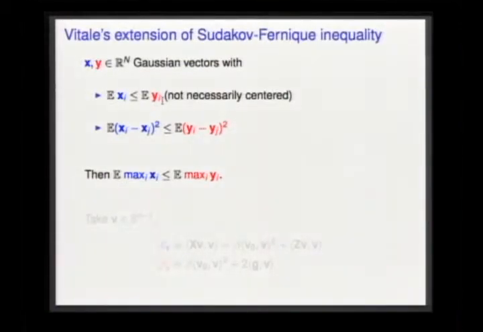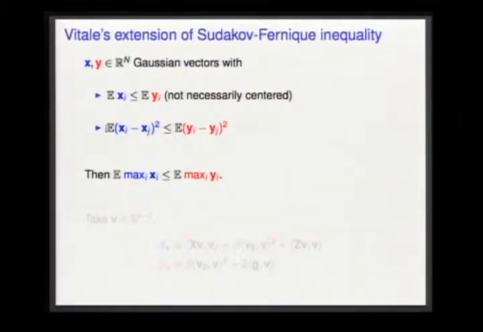This is the extension by Vitale of the Sudakov-Fernik inequality. In the standard inequality, the two random processes have to be centered. That's the only thing added here.